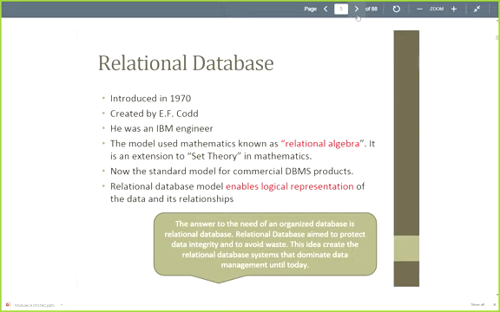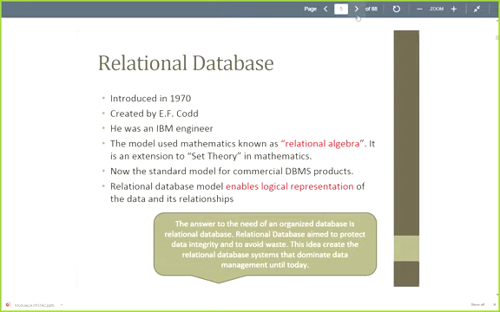Here is more a formal introduction to where our major database called the relational database was introduced and created. It was introduced in 1970, actually in the middle of 1977, if I remember correctly, by Dr. Codd at IBM. He was an IBM engineer. In earlier days, IBM created a lot of gurus, if you want.